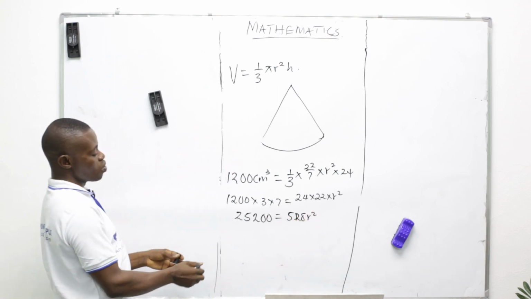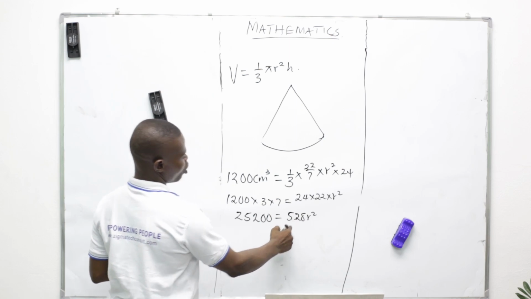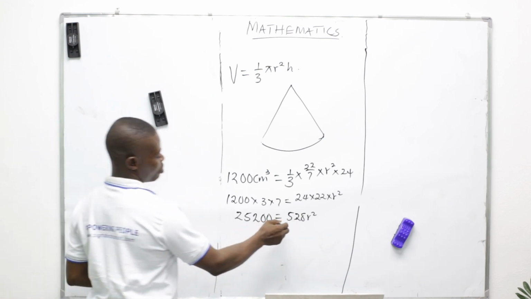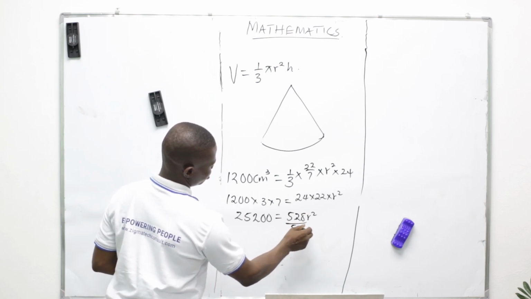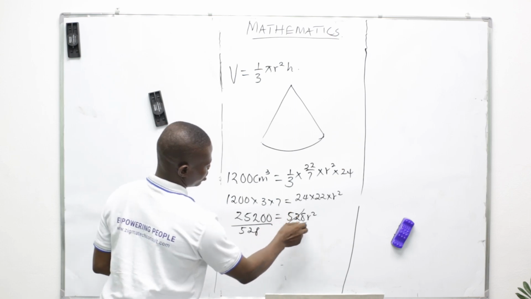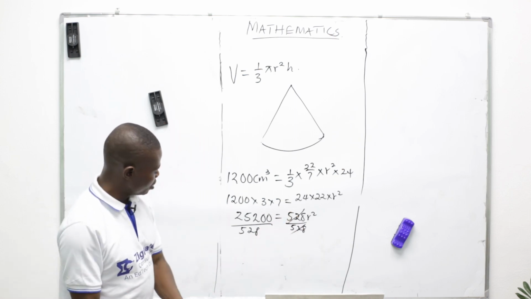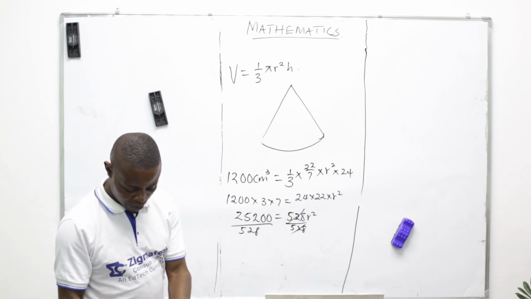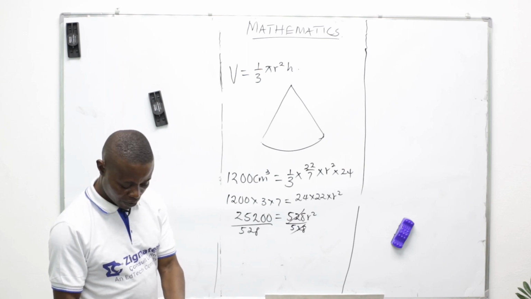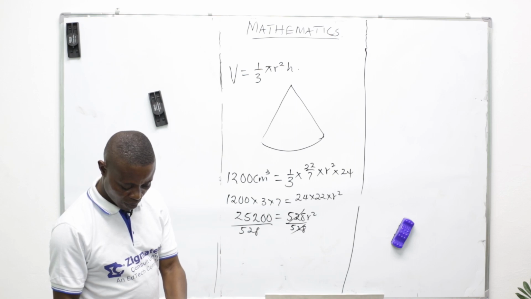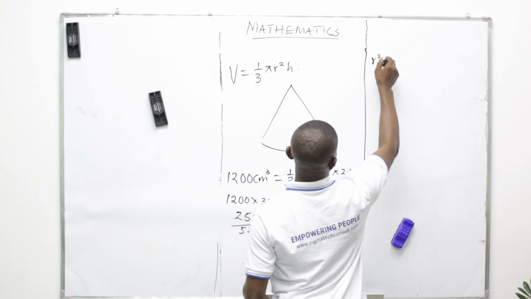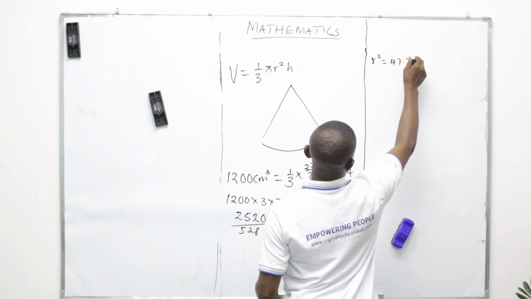Now we are going to divide through by 528 and make the matter simple. This here, that is 25,200 all over 528, 47.77. So r squared equals 47.77.